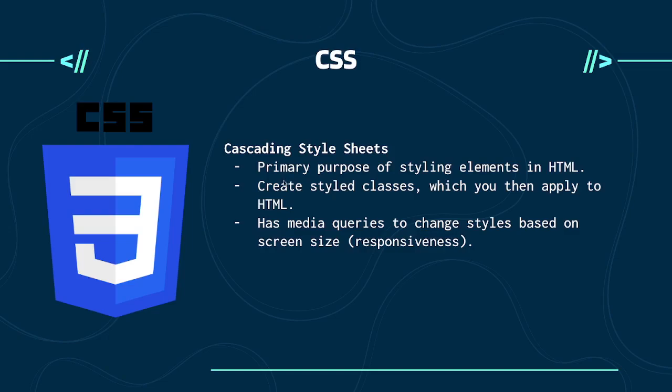The primary purpose is styling elements in HTML, and what styling consists of is not only how it looks, meaning color, size, font, but also the positioning of things. CSS defines that maybe you want your buttons to be in a row instead of a column, because the default behavior in HTML is to just throw them all on the top left side of the screen, right? And so that's what CSS is, and that's what lets you make your website not look super old.